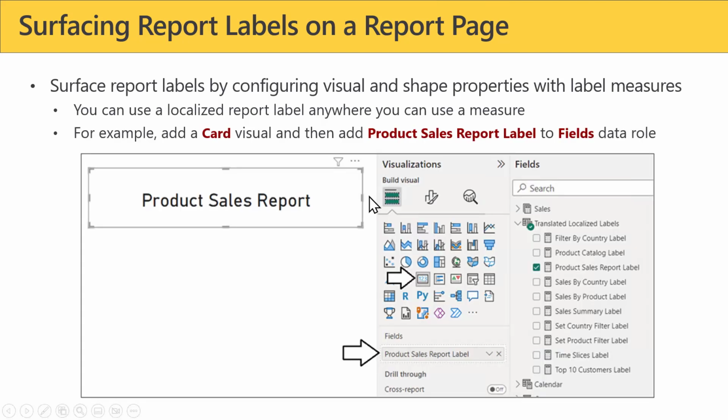So, as an example, let's say you add a card visual to your report. Well, you can simply take any of these measures and drop it right in the fields data role, and right away, instant gratification, there is your text that supports localization, that will switch as the report loads in different languages.